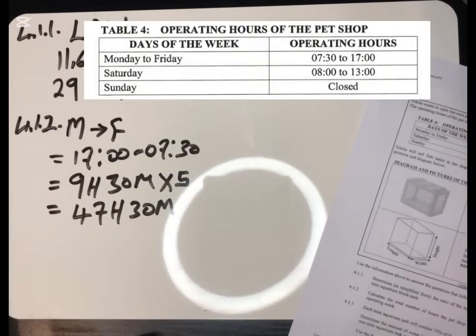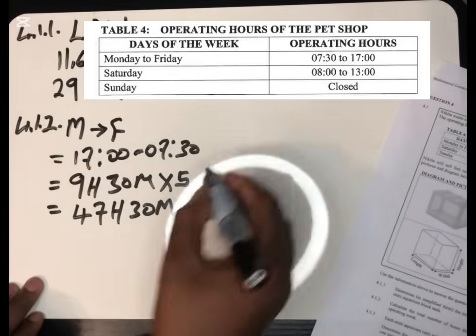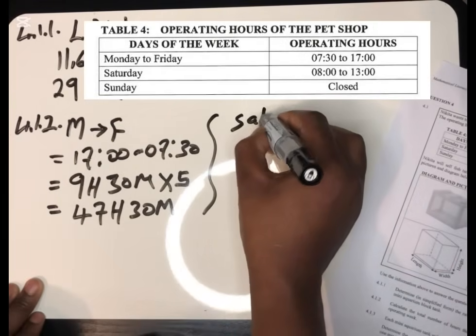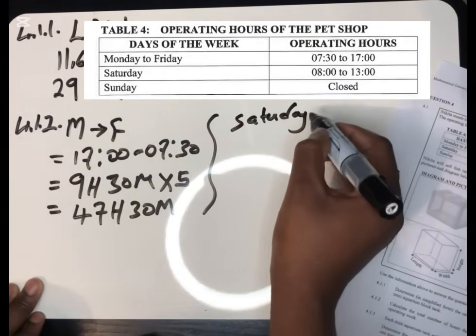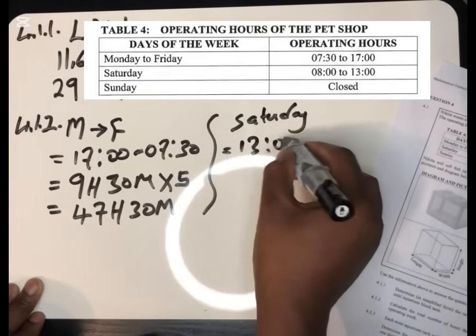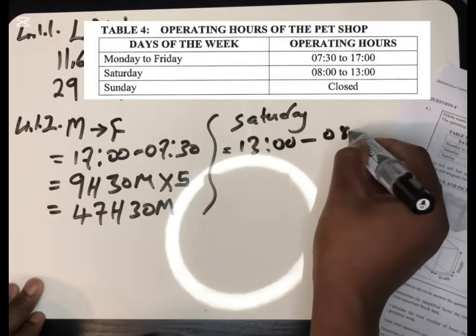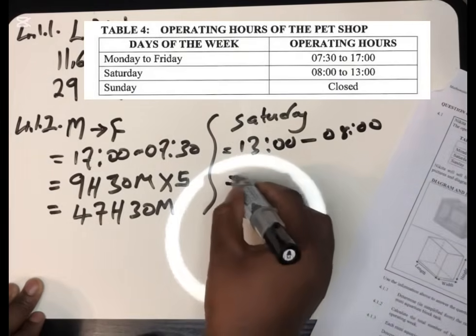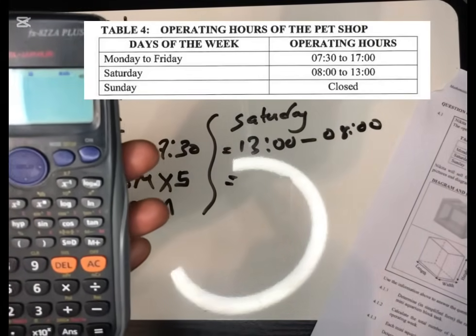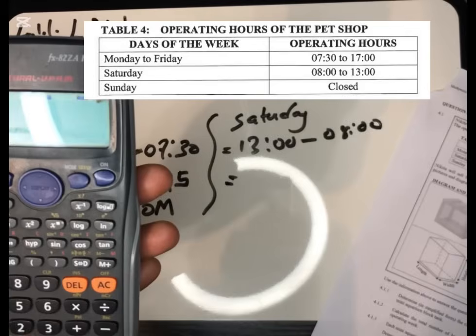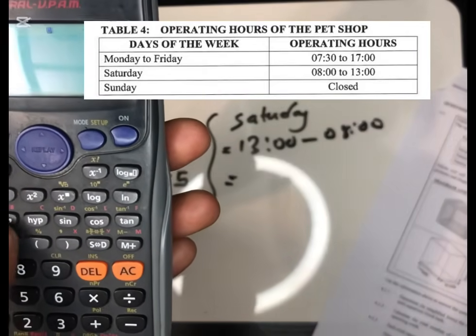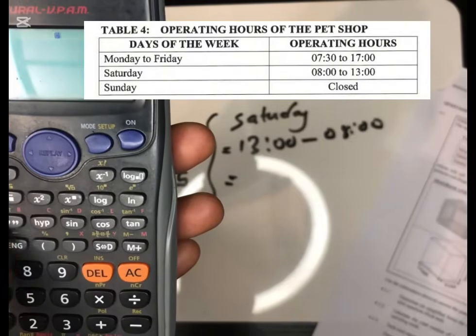So we go to Saturday. Saturday, if we check here, is 1300 and 800. Let's find this using the calculator again. We say 13, and you press this button, the one with the dots or inverted commas.